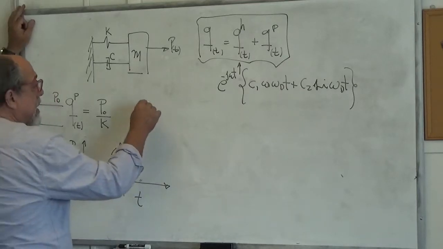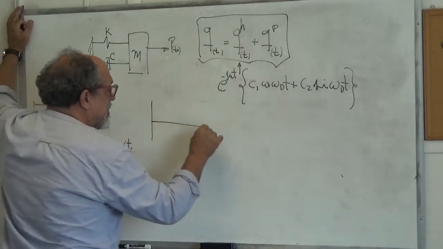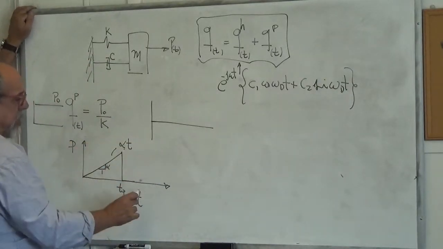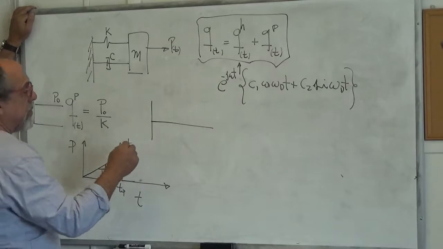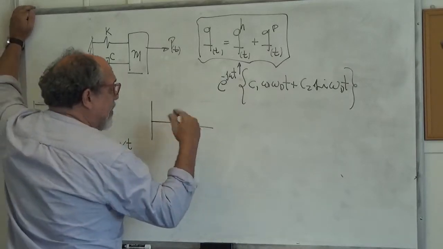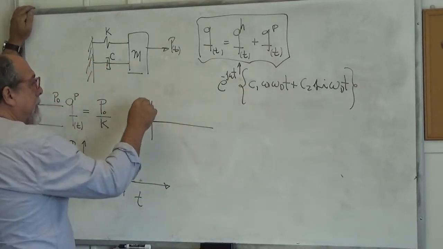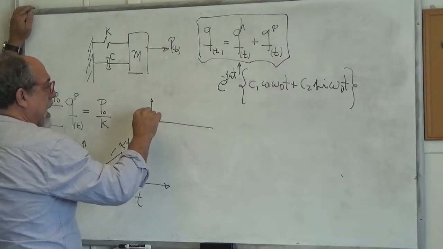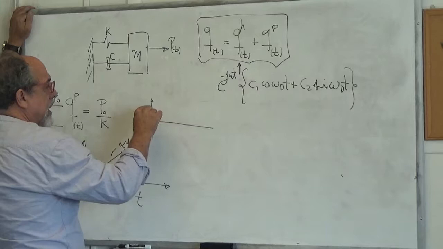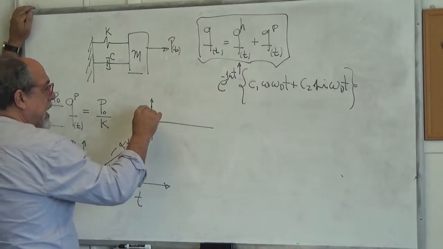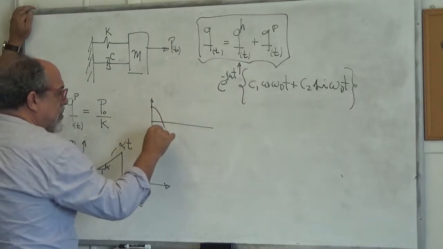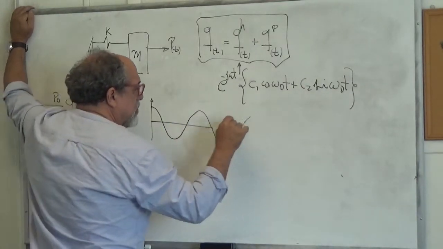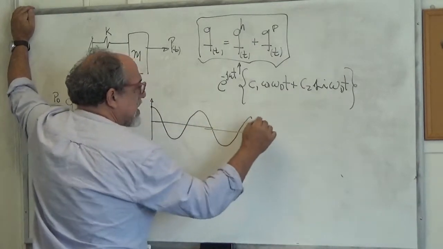And then the other one that is of interest, this one is really not that important, but I'm going to do it just for a little bit more practice. But in the following lecture, next time, we are going to look at the solution for a harmonic load. Now, a harmonic load may be a sine or a cosine, or more in general, a sine that begins shifted. So let's say this is harmonic.